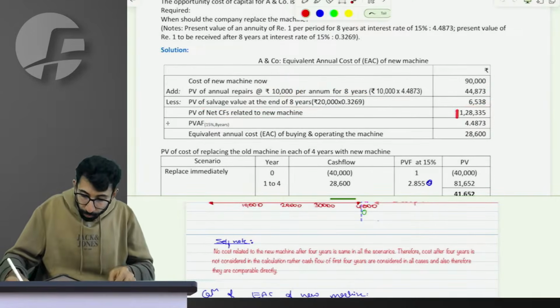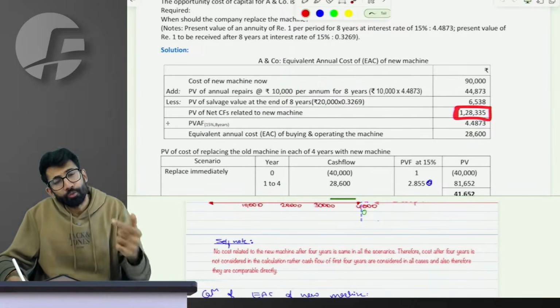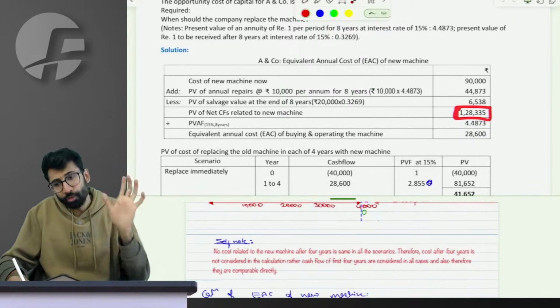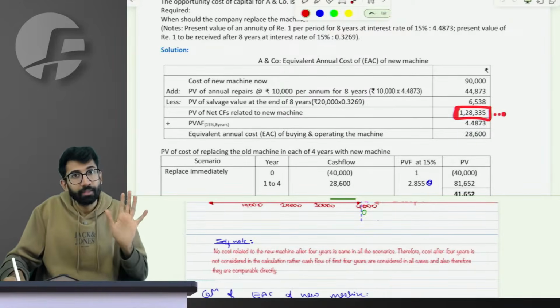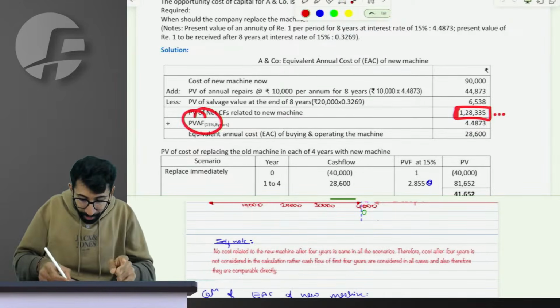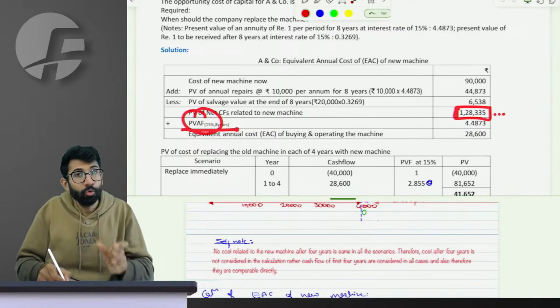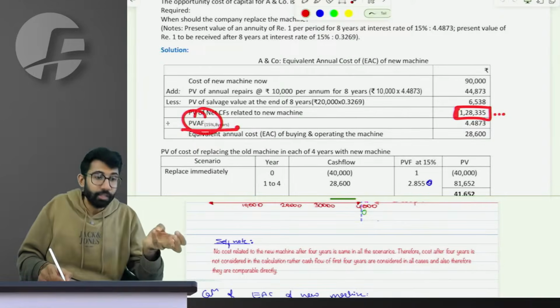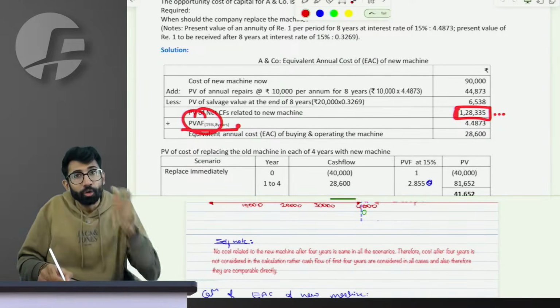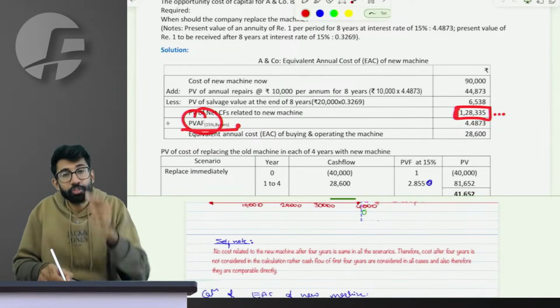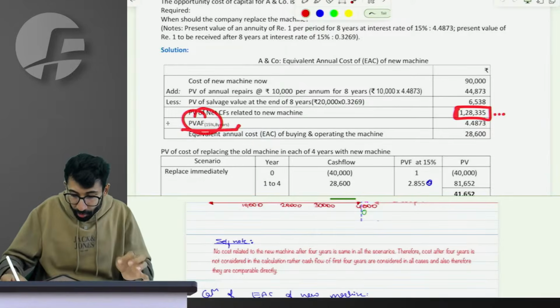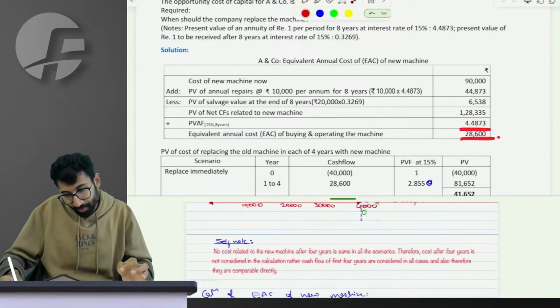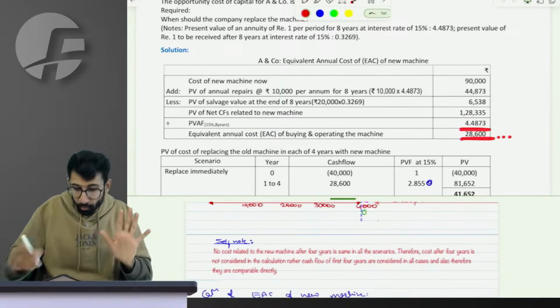So present value of all the outflows and inflows related to the new machine is 128. When I divide it with the annuity factor of 8 years, I get to know the per annum net cost of buying, using and selling the machine. It turns out to be 28,600.